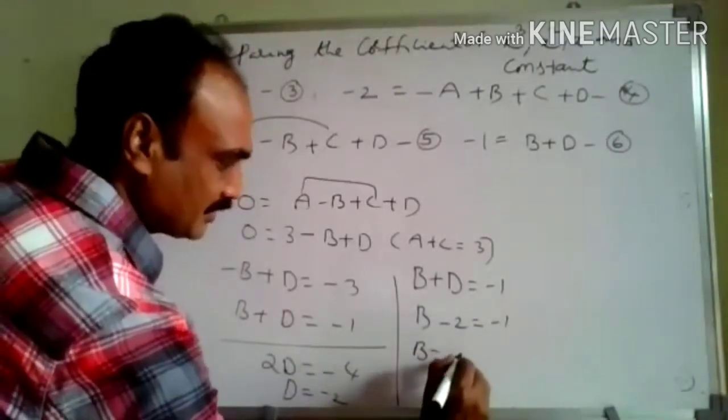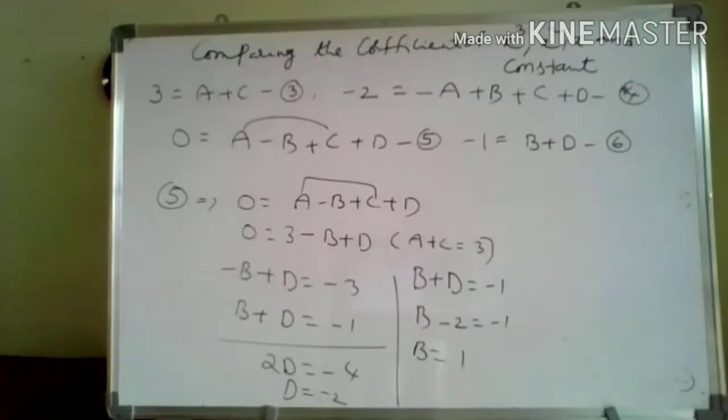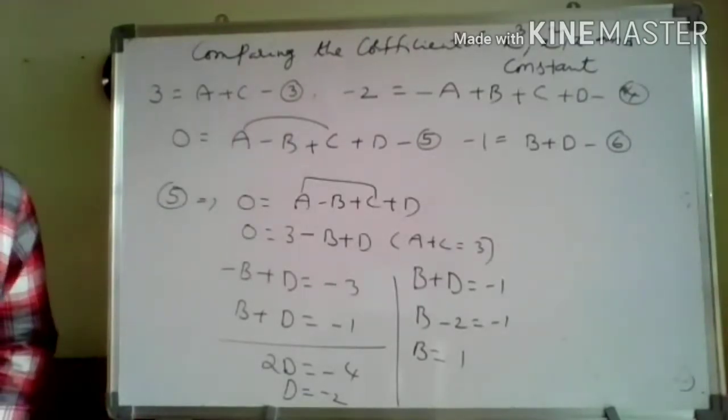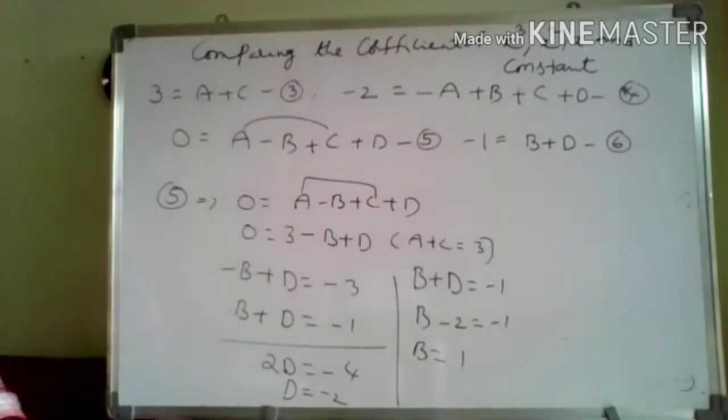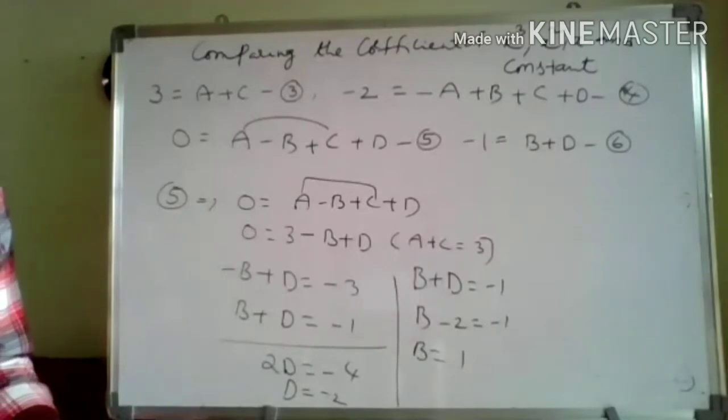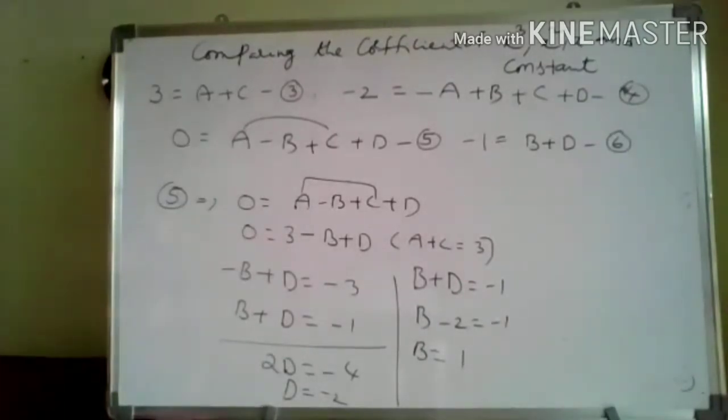So B is equal to 2 minus 1, which is 1. B value is 1, D value is minus 2. Next.